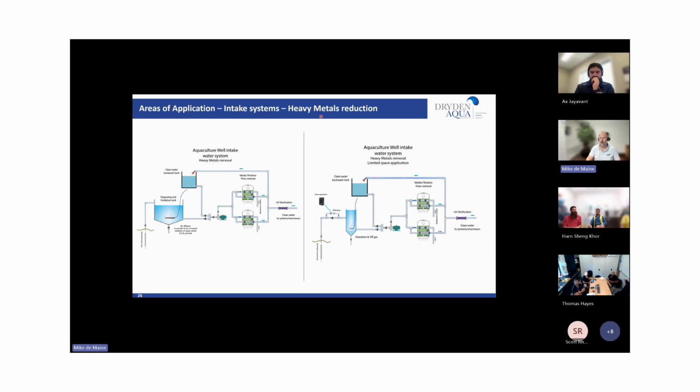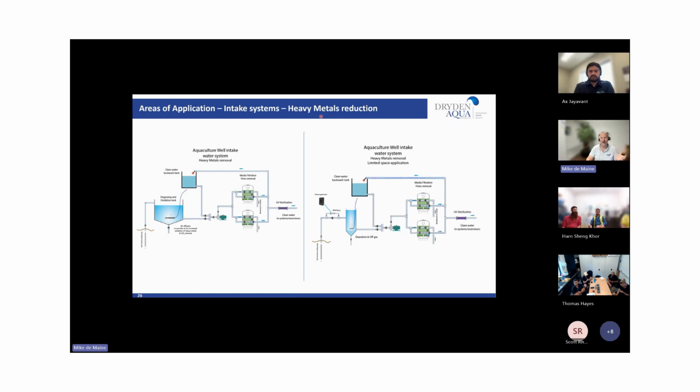So ozone is one of those processes for also oxidizing heavy metals. However, more often than not, what we recommend for heavy metal removal is just using our air diffuser. It's the easiest way of oxidizing the heavy metals, depending on the heavy metal you're trying to remove.